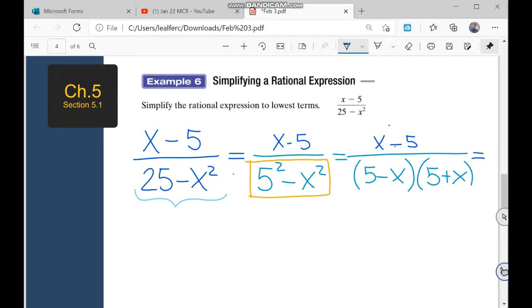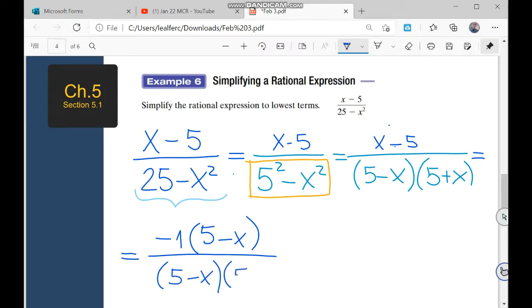To make sure, factor out -1 on the denominator or on the numerator, doesn't matter. Let's factor out on the numerator: -1 times 5 minus x over 5 minus x times 5 plus x. Cool?